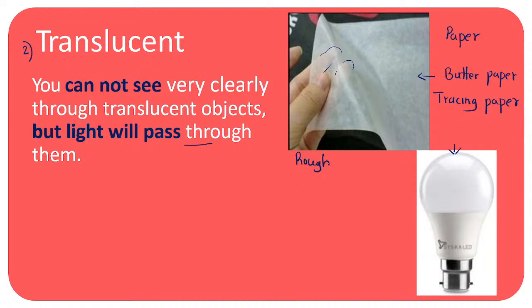You can do this activity at home. You can take a torch and try to project the light onto the palm of your hand. Try to project the light ray onto your hand.